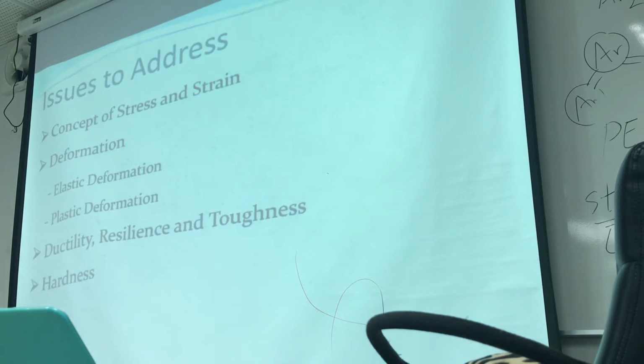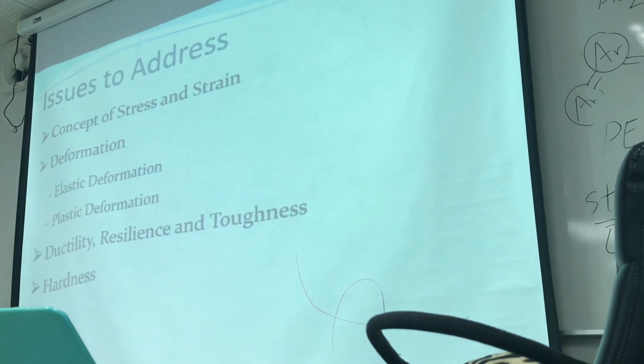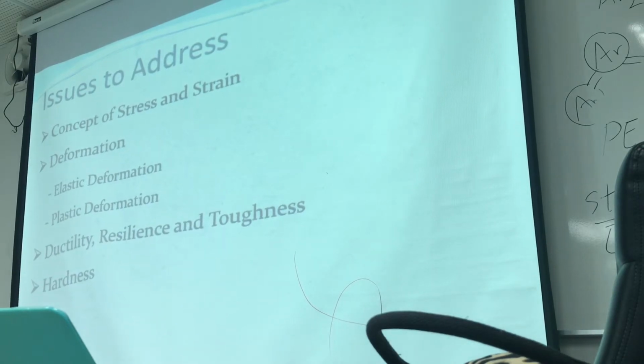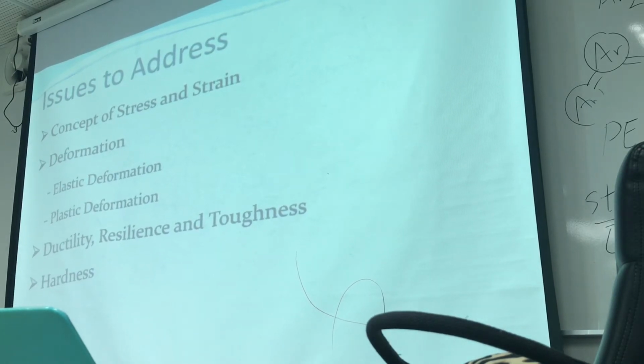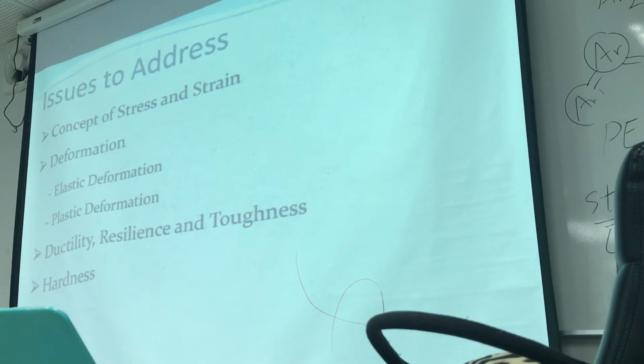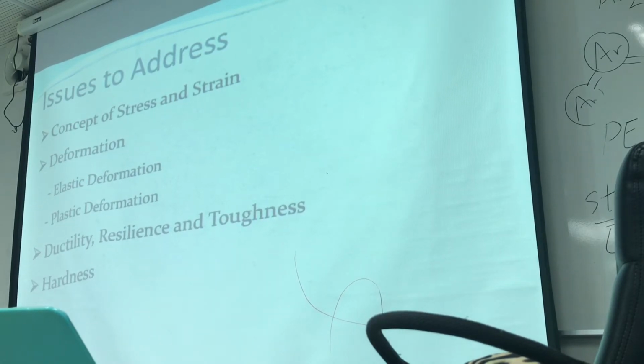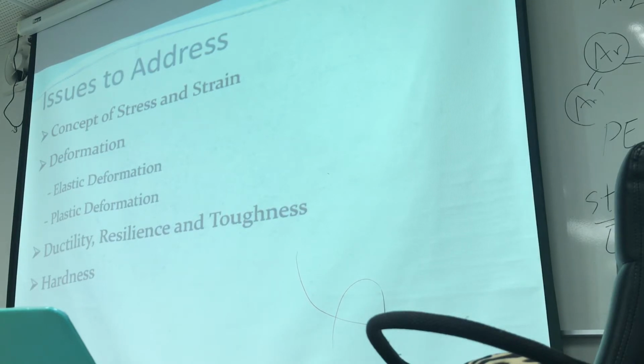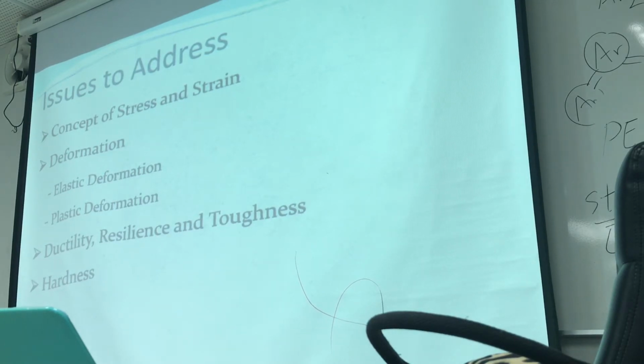And then let's talk about the second concept. Second concept is whenever we apply stress to material, there are quite a lot of time that the material change the shape. The change of the shape, we call it deformation. Alright? And then there are two kinds of deformation. The first one is elastic, the second one is plastic. Guess this. If I told you that one of this, elastic or plastic, when we apply the force and when we release the force, it's gonna come back to its original shape. Which one is it?